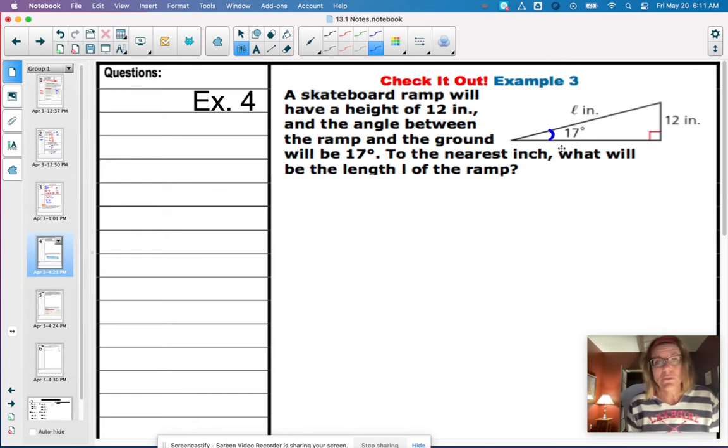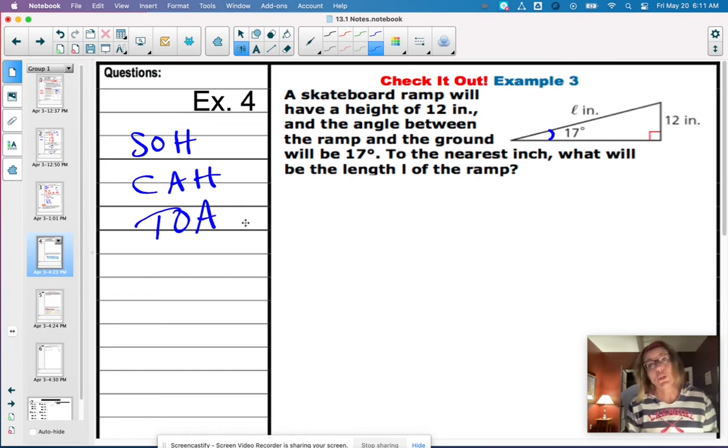So we're going to be using SOHCAHTOA. So let's write that out. Get in the habit of doing this, and we're going to figure out which one we're going to use. So we're given an angle, and we're given the length of the side opposite the angle, so the O, and we're trying to find L, which is the hypotenuse.